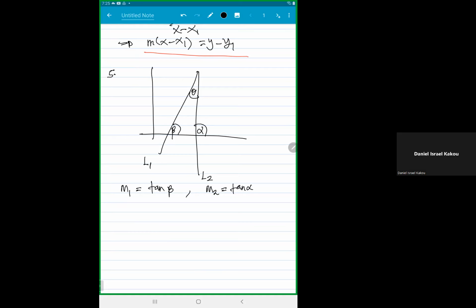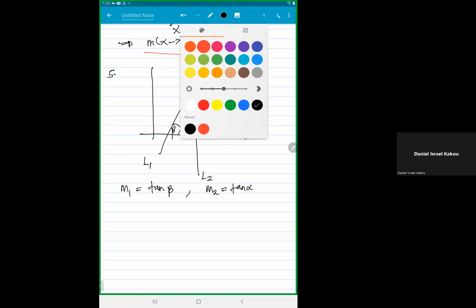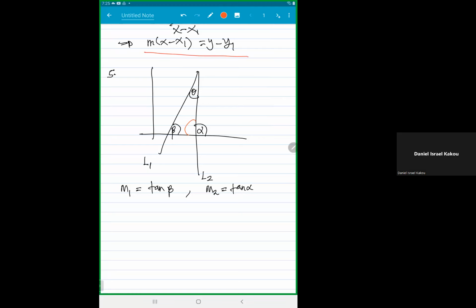So from here, we can now try to know the relationship these two lines have with the angle. Remember, when we go back to plane geometry, or some plane figures that deal with angles, we can tell the relationship between interior and exterior angles. Normally we could find the angle here as 180 minus alpha.